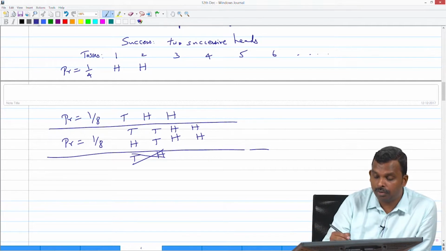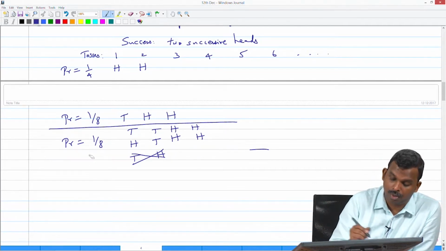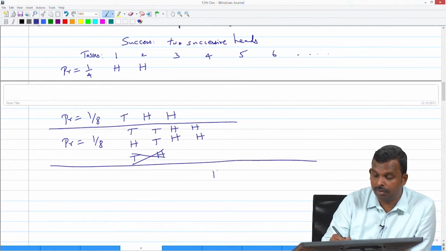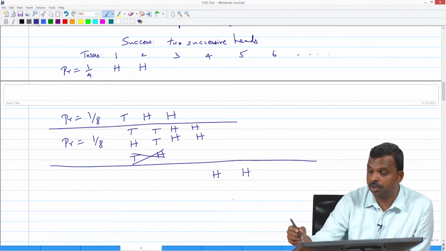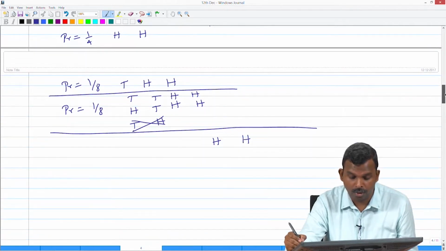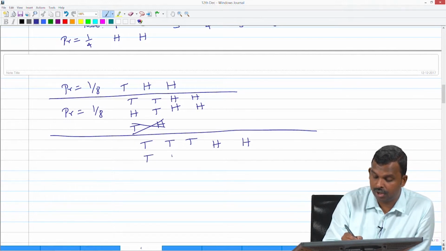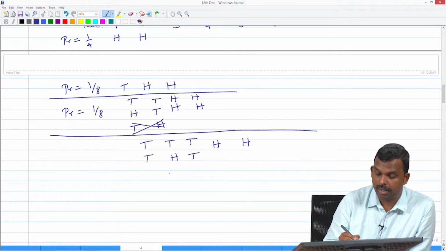So, what happens if you go to the fifth toss? Maybe I should draw this a little bit below. If you want to look at two consecutive heads by the fifth toss, you would have HH here, and what are the various things that are possible in the first 3 tosses? You have to look at all those possibilities. You could have TTT, or THT, and you can't have THH, you can have HTT, that is it.